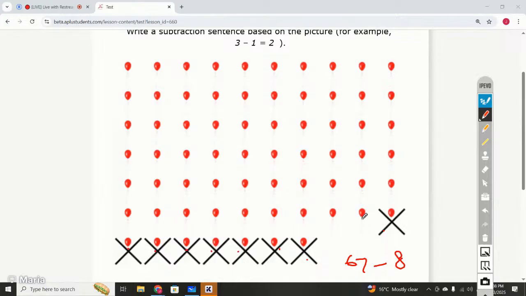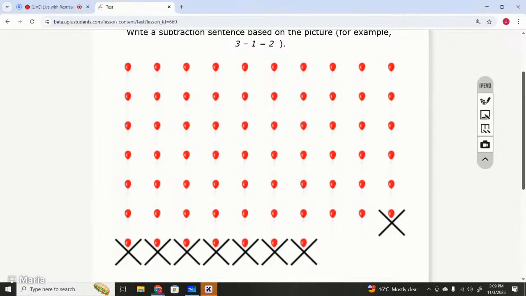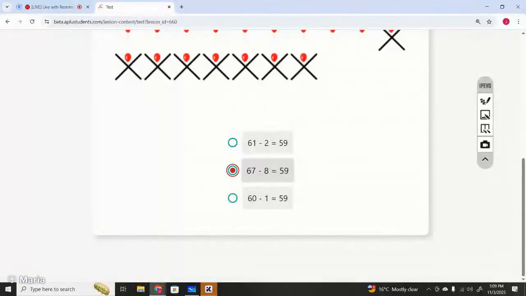So it is 67 take away 8. That is 59. So 67 minus 8 equals 59. Option number 2 is the correct option.